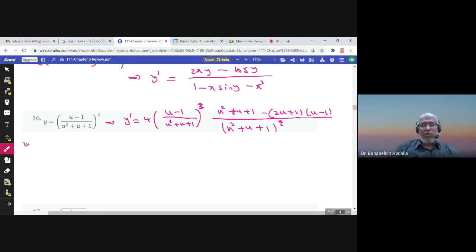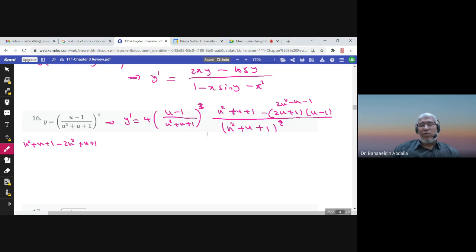So it is u squared plus u plus 1 minus. Here I have 2u squared plus u minus 2u, so that's minus u minus 1. So I will have minus u squared plus 2u plus 2.